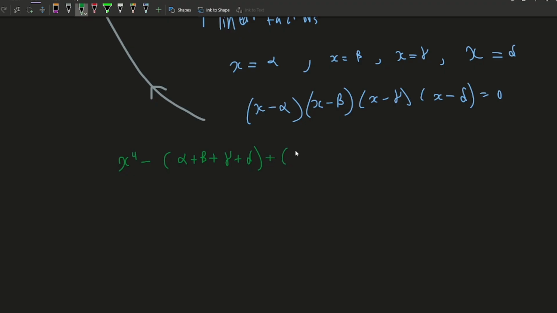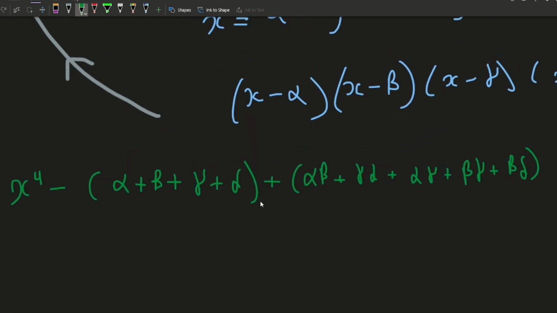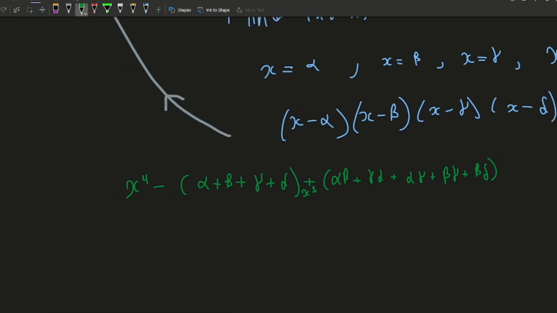plus alpha beta plus gamma delta plus alpha gamma plus beta gamma plus beta delta. I forgot to write x cubed, x squared.